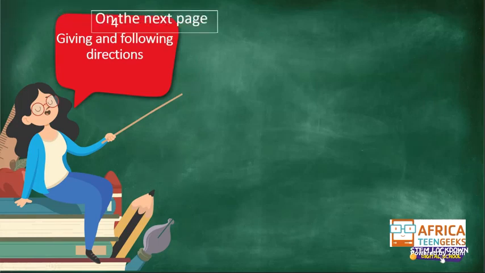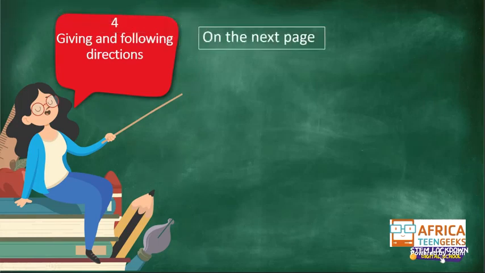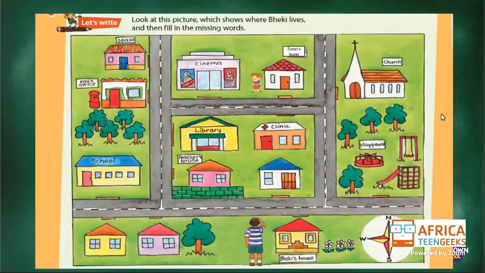Now we're going to just do something on giving and following directions. Here is a map. And you can see there's two children on this map. There is Becky at the bottom and Susan at the top. So just look at this map for a short while I play some music, and then I'm going to ask somebody brave to answer some questions about the map.